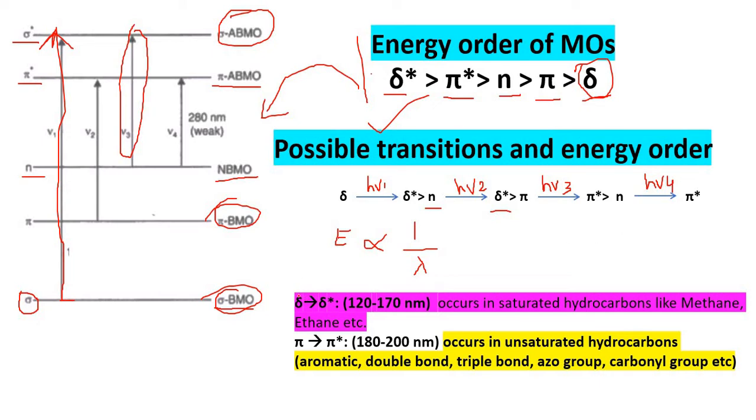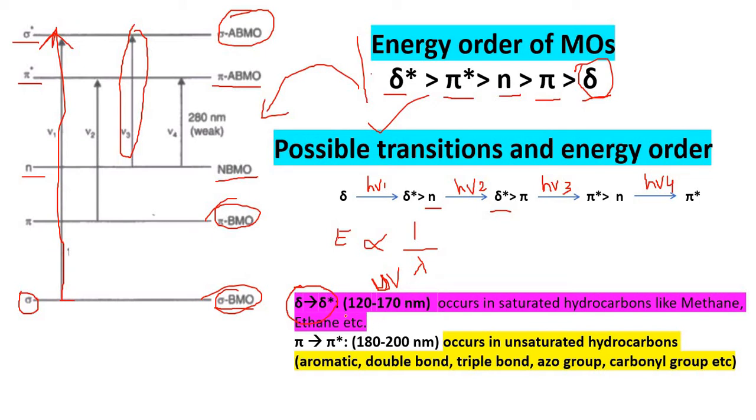The first excitation is the sigma to sigma star excitation. Normally the light required for this excitation is 120 to 170 nanometers, which is UV region radiation. So you need UV radiation to excite an electron from sigma to sigma star.